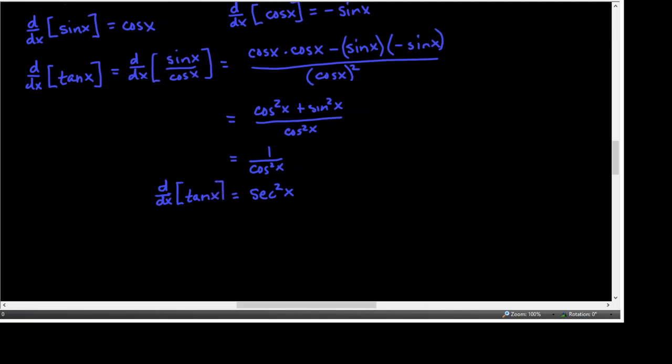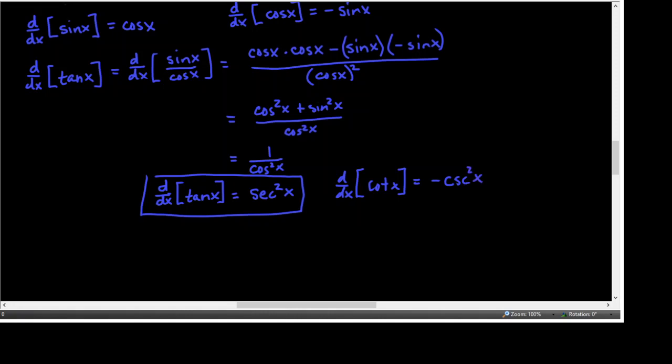You could do a similar thing for cotangent of x. And if you did, you would get that the derivative of cotangent x is negative cosecant squared x. Okay, now let's do the derivative of, how about cosecant next?